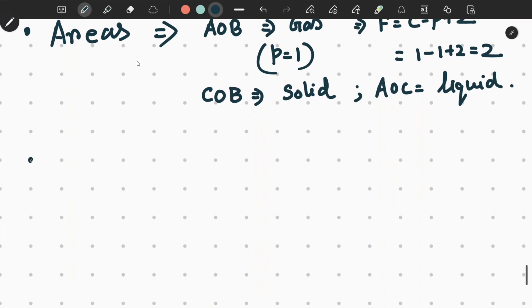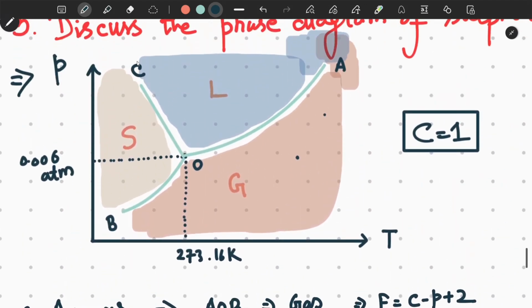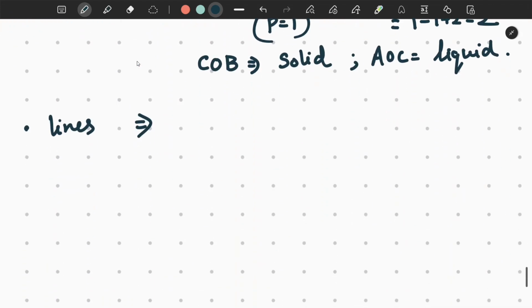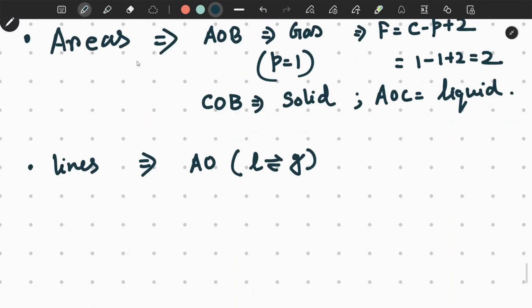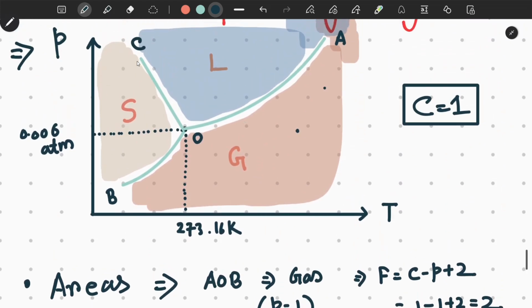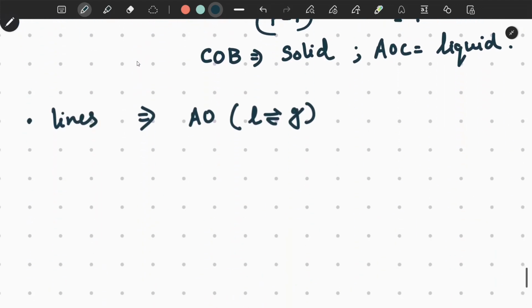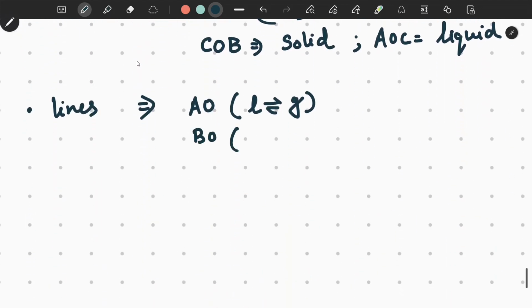Now lines. The lines are AO, CO, BO. Line AO signifies the equilibrium of liquid and gas. Similarly, line BO is solid and gas, and line CO is solid and liquid.